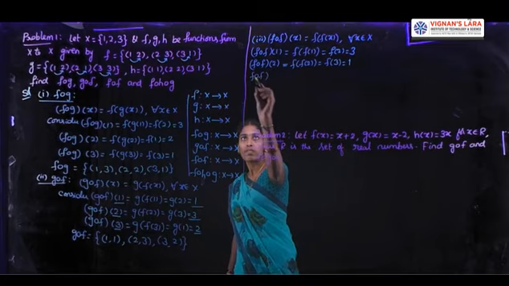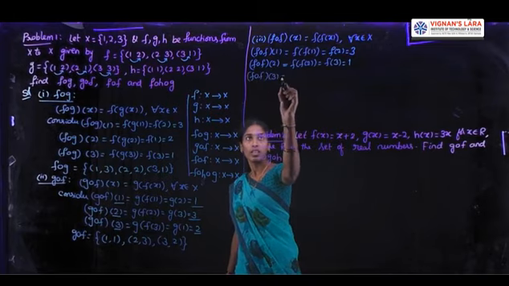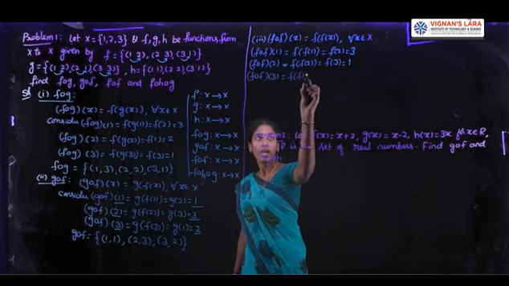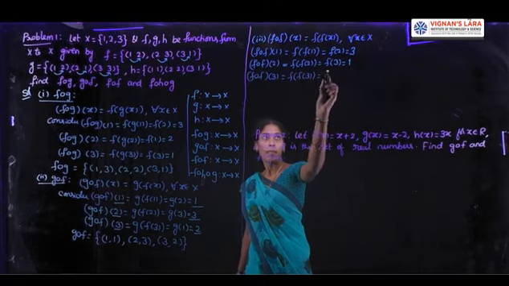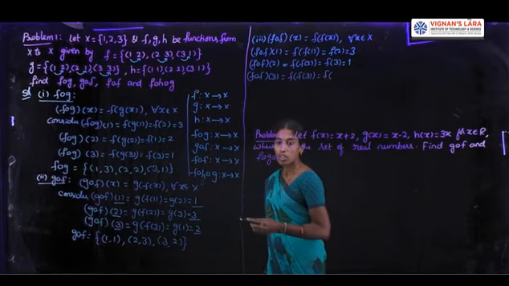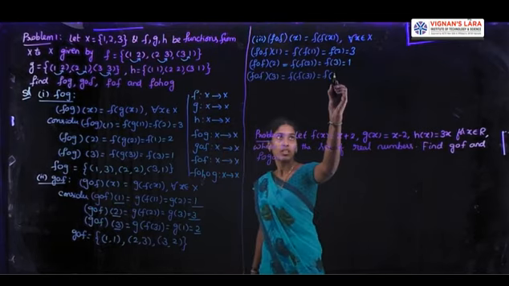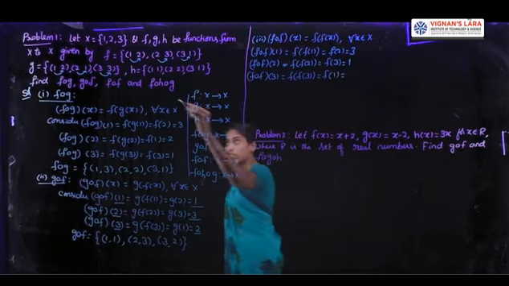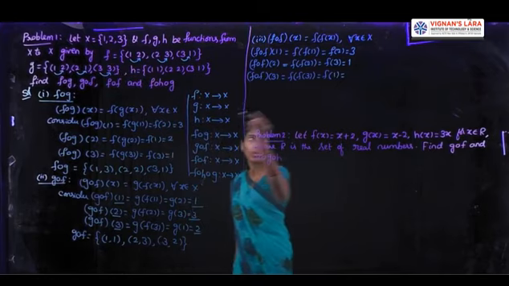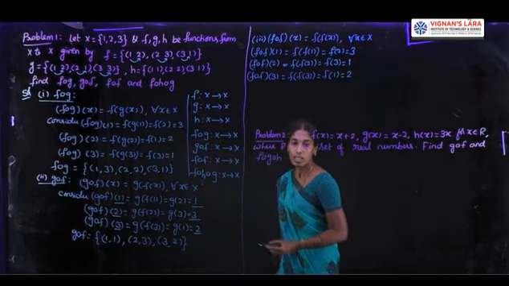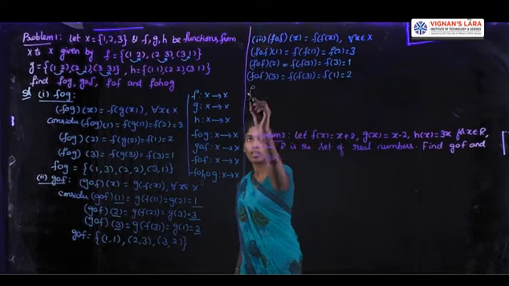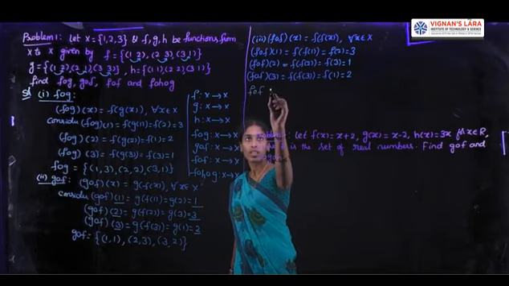Next one, F circle F of 3, it is F of F of 3. Using the mapping F, 3 is mapped to 1. So in the mapping of F, 1 is mapped to 2. This is the way.